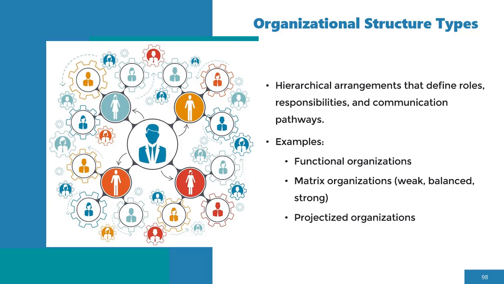But when you have a 50-50 influence between the project manager handling the project within that functional organization and the other leaders, maybe heads of department, unit heads, coordinators, and all that, then of course we'll call it a balanced matrix organization.